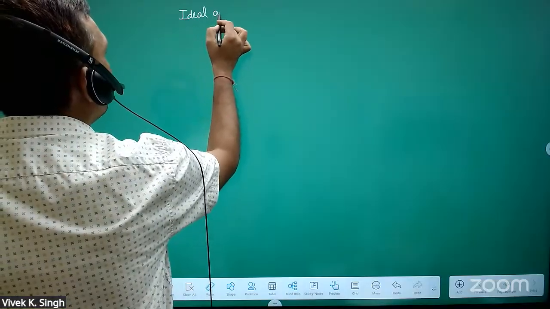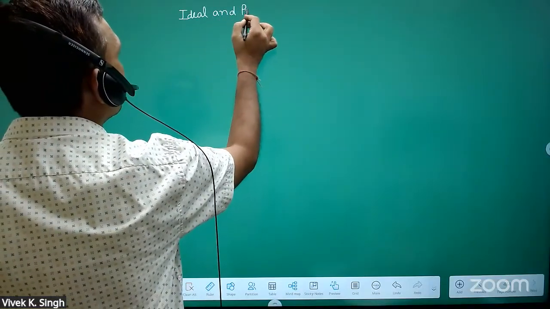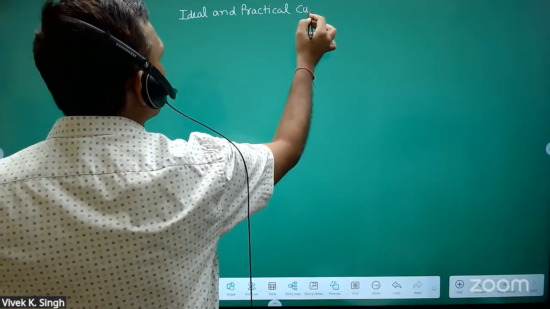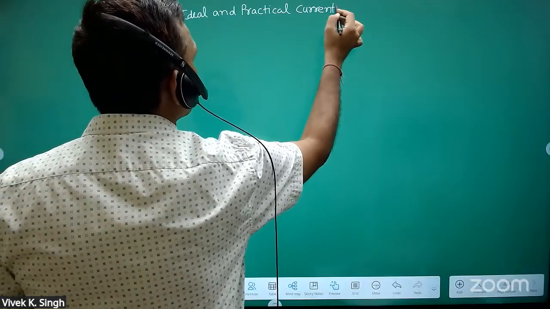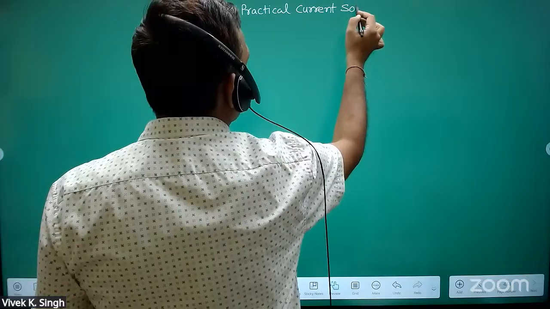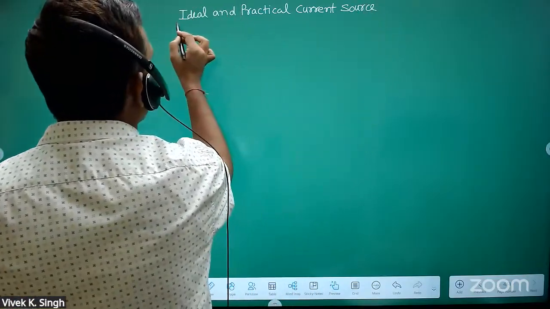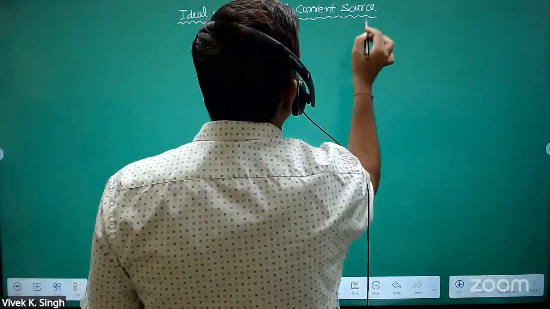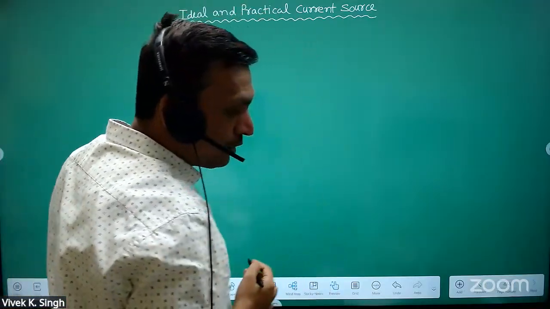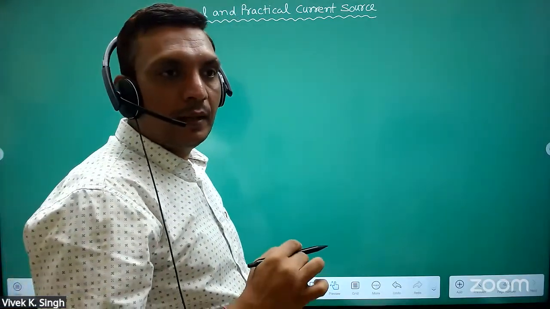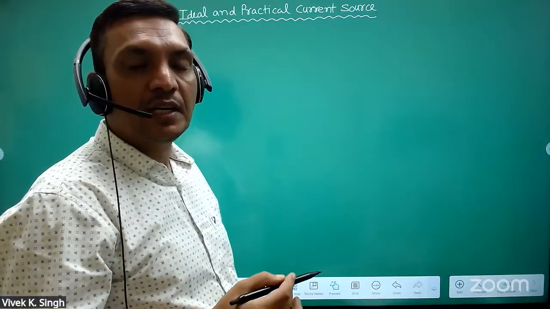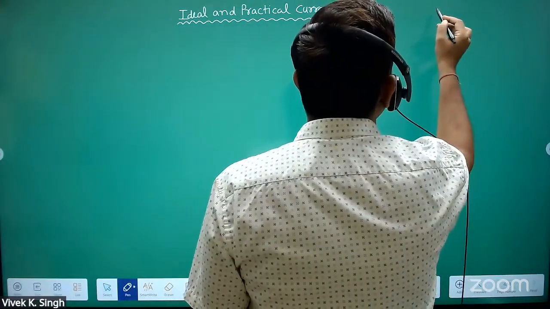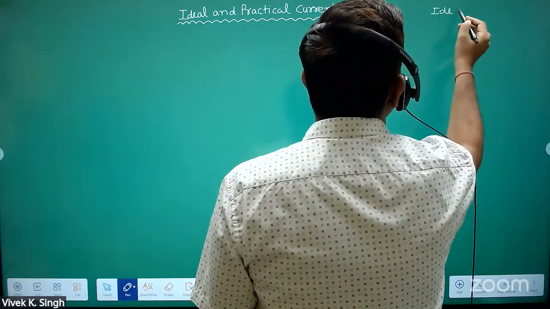You have ideal and practical current sources. Now, a current source has a parallel resistance, and in the ideal situation it has infinite parallel resistance. So first we are talking about the ideal current source. Let's see the ideal current source.